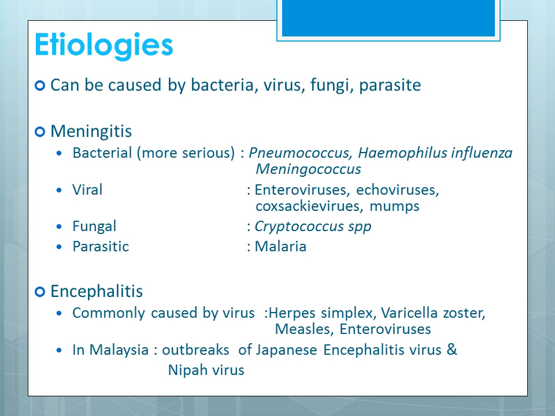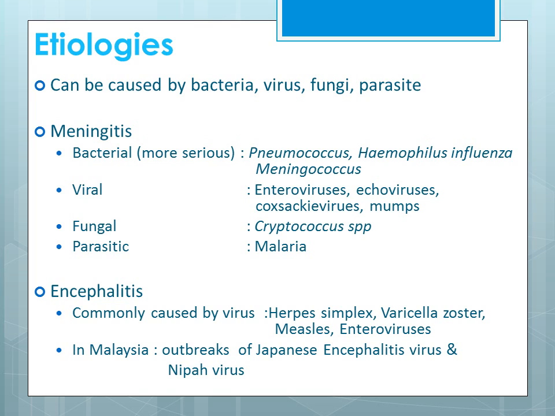Central nervous system infections, as previously mentioned, can be caused by bacteria, viruses, fungi and parasites. Although meningitis has many possible etiologies, the bacterial ones are more important as they are associated with more serious outcomes compared to the others.